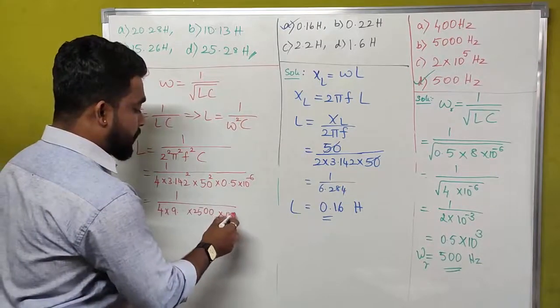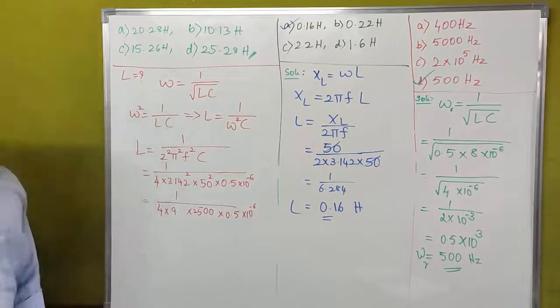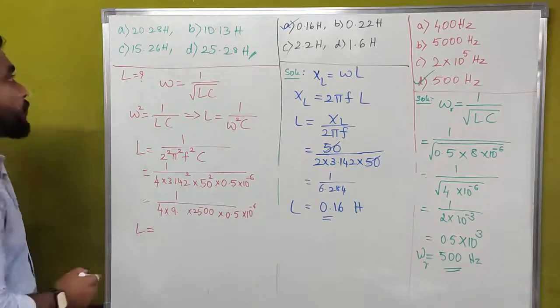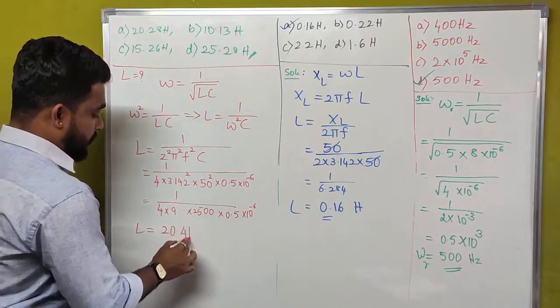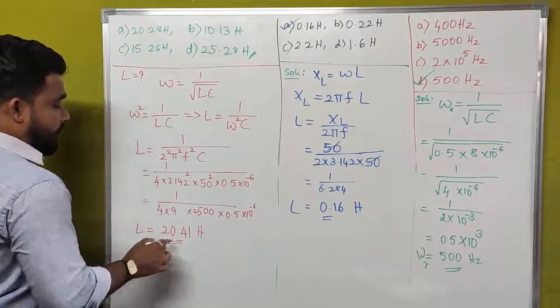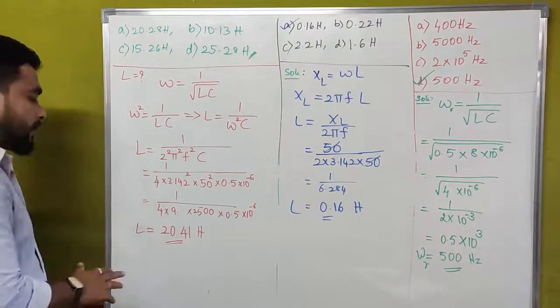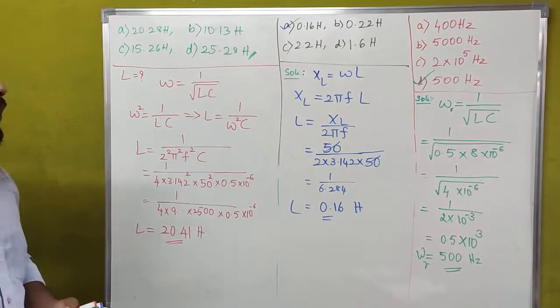If we simplify all these things together, we get the value of inductance L approximately equal to 20.41 Henry.